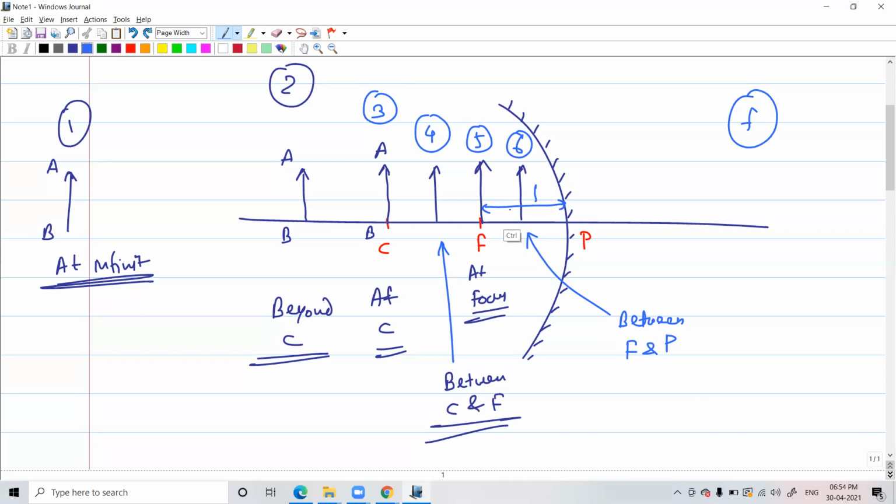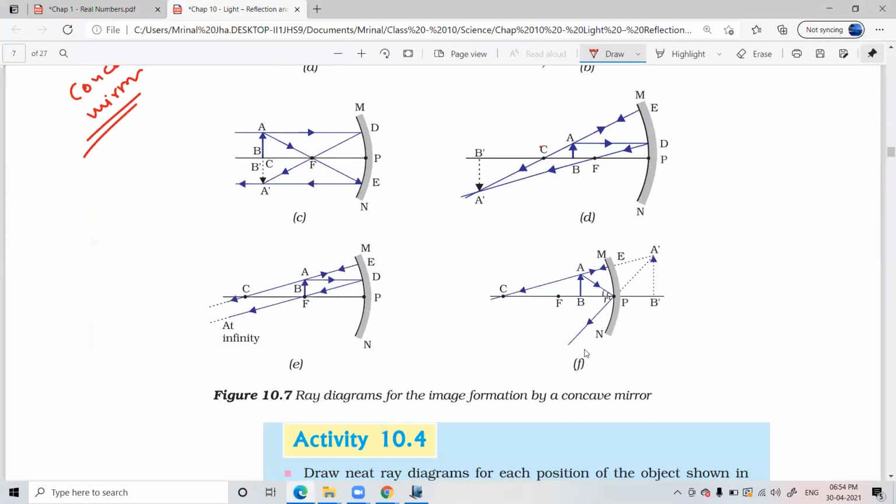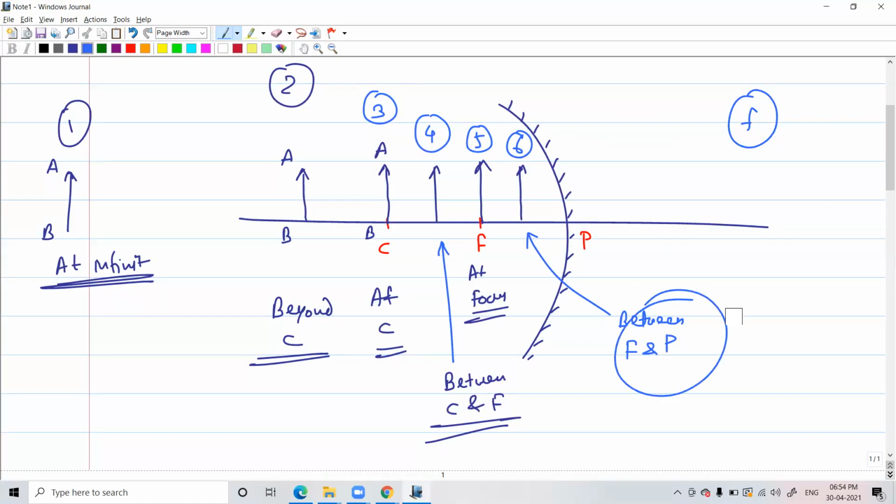Yes, sir. No, but that's not a good way of writing it, because focal length is a length, right? So some object cannot be on a length. Does it make sense to say that object lies on f, small f? Or you can say that it is within the range of the focal length. Wordings, it is up to you. But typically in your book or whenever you get a question, you might see these words. That's why I want you to be familiar with this, between f and p.